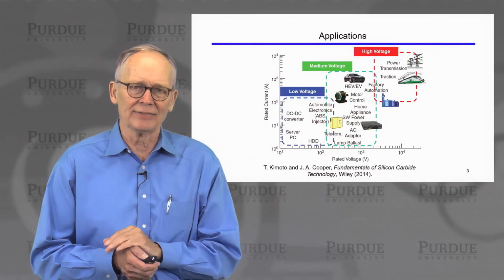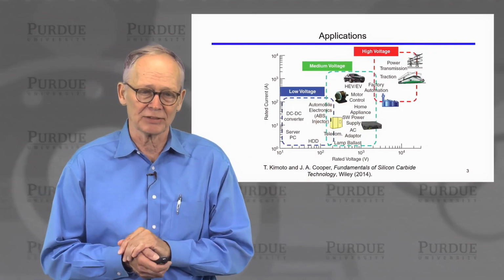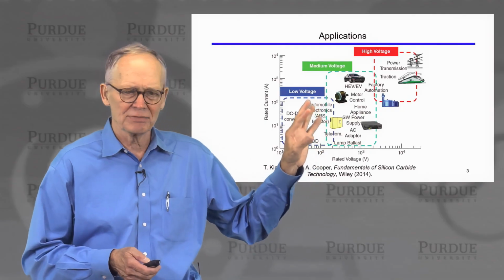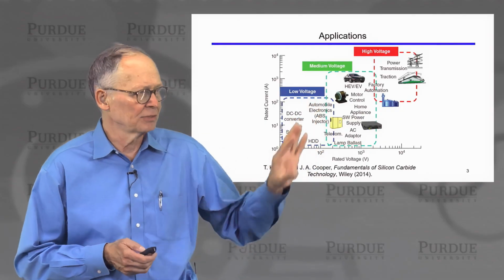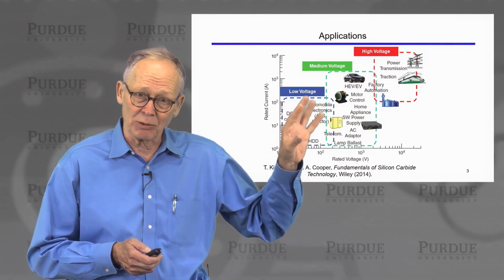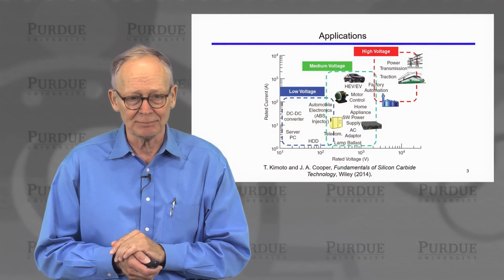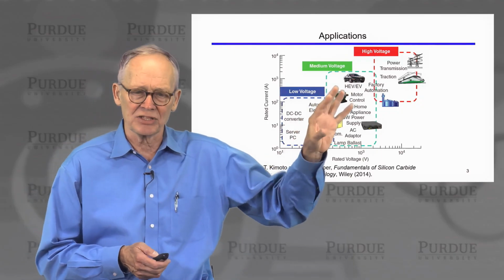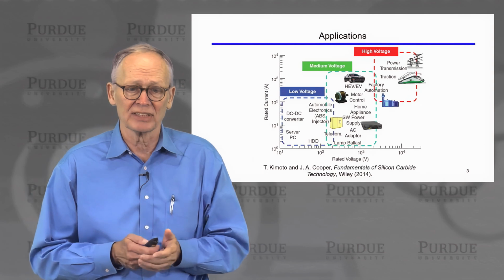Now there are a variety of applications for power electronic devices, and MOSFETs included. There are low voltage applications where we're talking about tens or hundreds of volts that are used in various types of power supplies, DC to DC conversion, AC to DC conversion, things like that. There are medium voltage applications where we need somewhat larger voltages as blocking voltages.